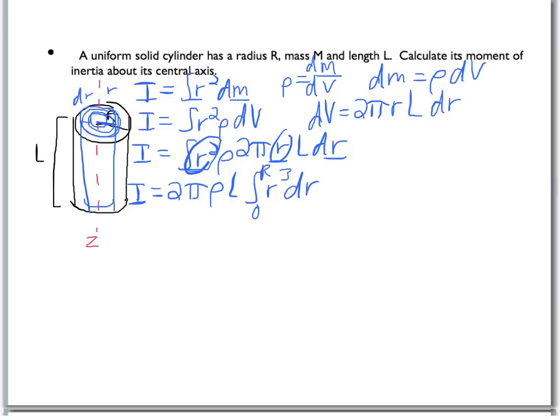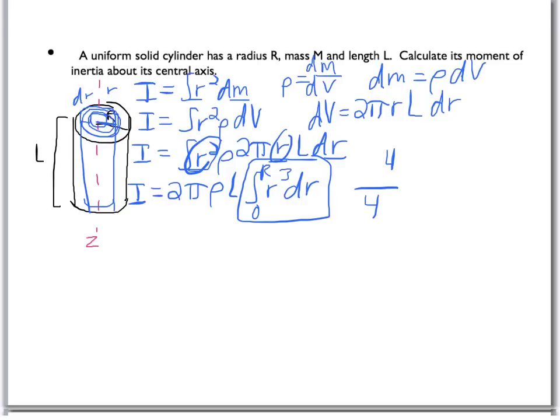Now, if we were to just look at the integral part of this, integrating r to the third dr would simply become r to the fourth over 4. And really, that would be a lowercase r for right now.